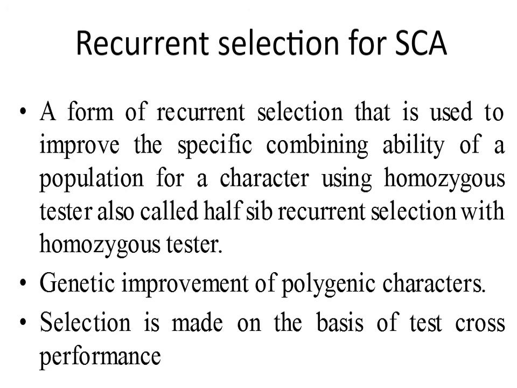Recurrent selection for SCA is a form of recurrent selection used to improve the specific combining ability of a population for a character using a homozygous tester, also called half sib recurrent selection with homozygous tester. It is used for genetic improvement of polygenic characters, and selection is made on the basis of test cross performance.